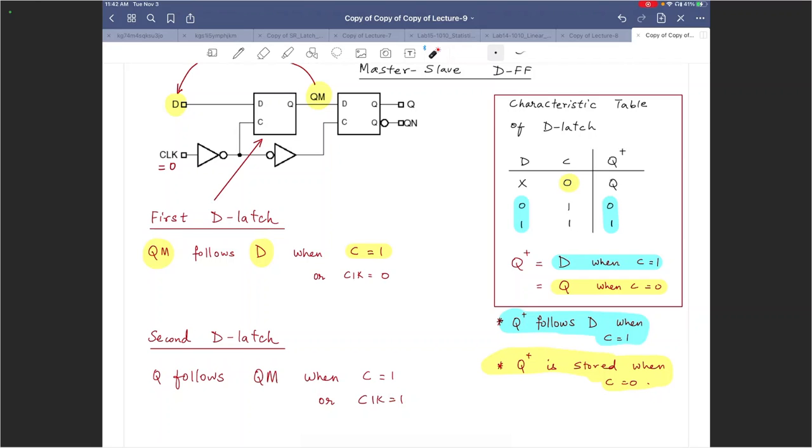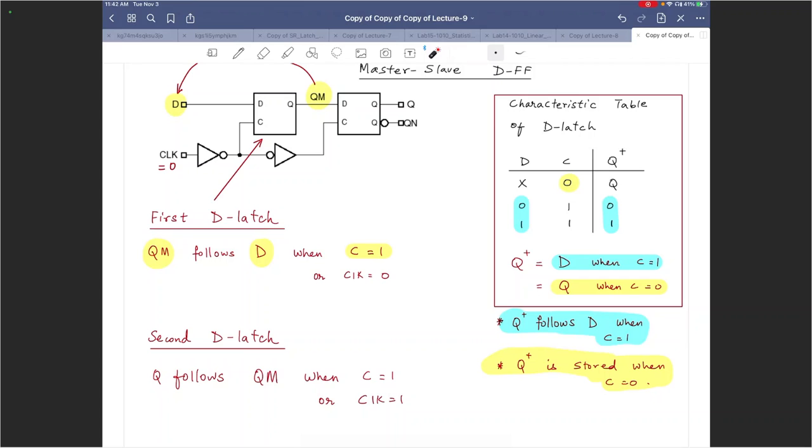Now just focus on these two statements. QM follows D when clock is 0. Q follows QM when clock is 1. You see what is happening here. One guy is sensitive to the low level of clock. The other guy is sensitive to the high level of the clock.